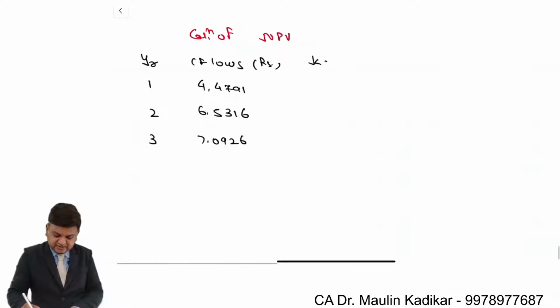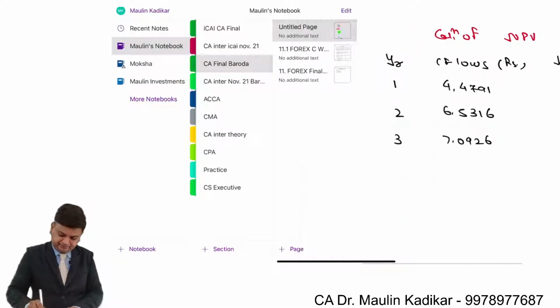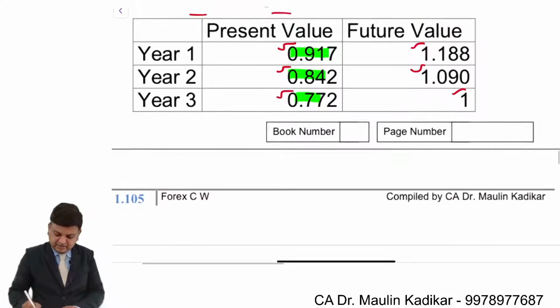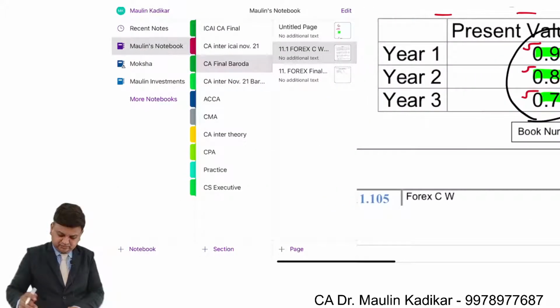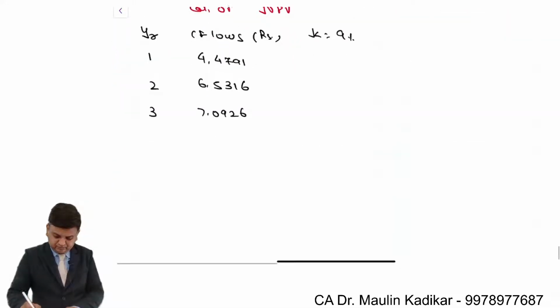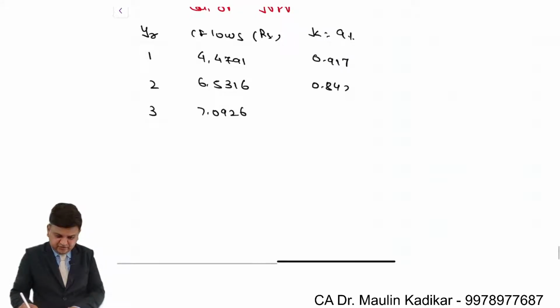It is discounted at the rate of 9%. Here are the factors: 0.917, 0.842 and 0.772.